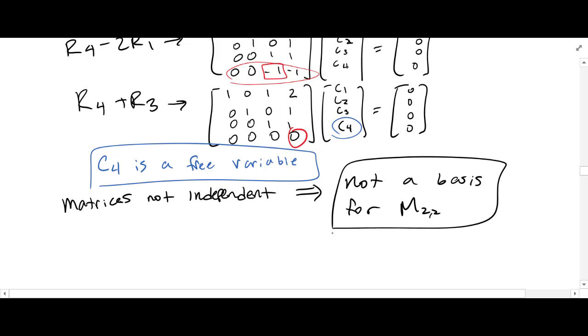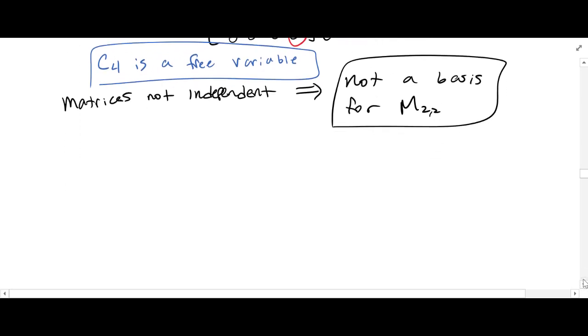Okay, another example would be if you take some polynomials, because the polynomials of degree 2 or less form a vector space. So you can talk about a basis for that vector space.